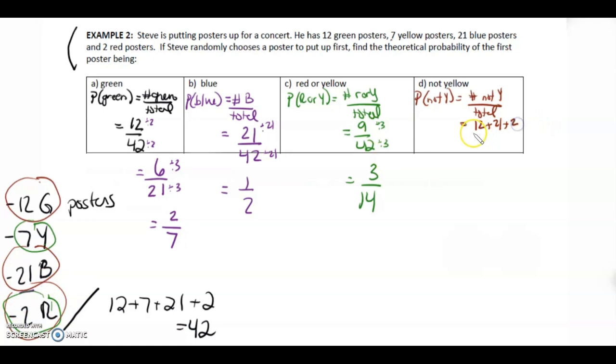So all of those are not yellow, over a total of 42 posters. So 12 plus 21 plus 2 is 35. Okay, and that's over 42. Okay, both of these divide by 7, and we get 5 over 6.